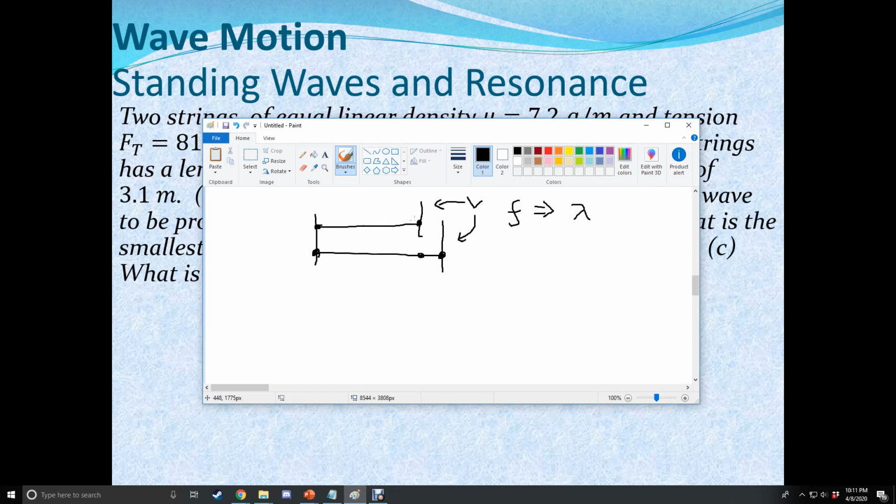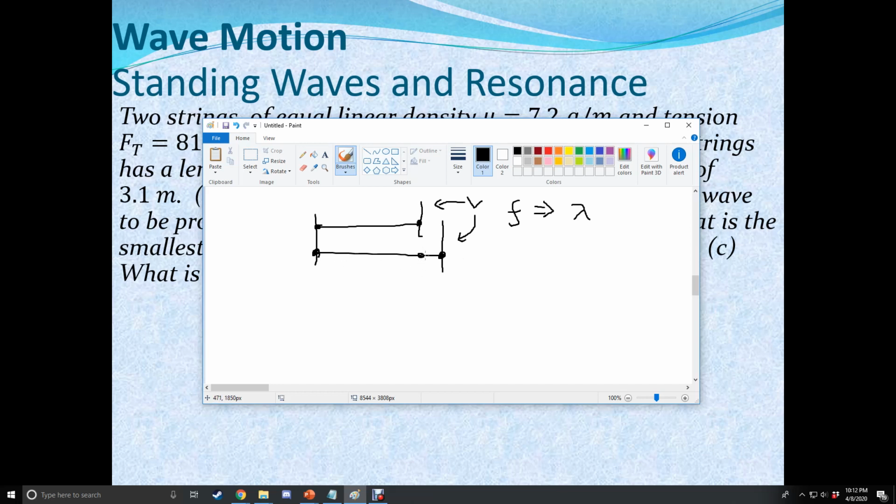So these should have all the same node locations. If the nodes start at the beginning, and this node occurs at 3 meters, this should also be at 3 meters. So our nodes have to be in this location.